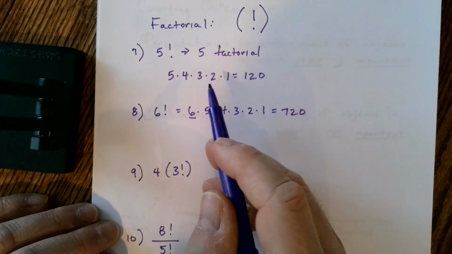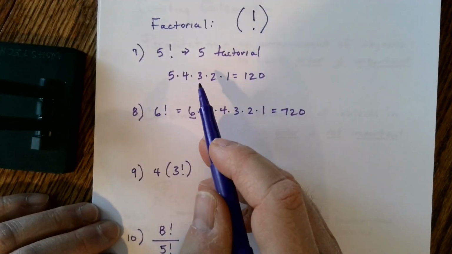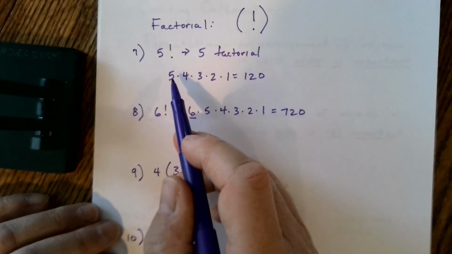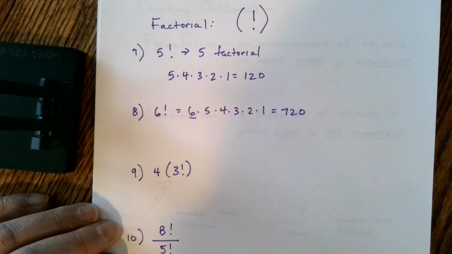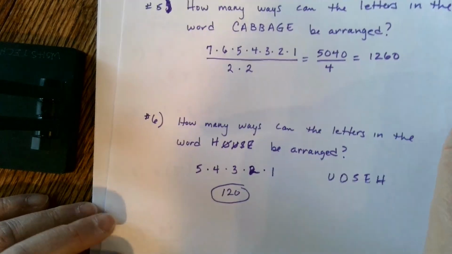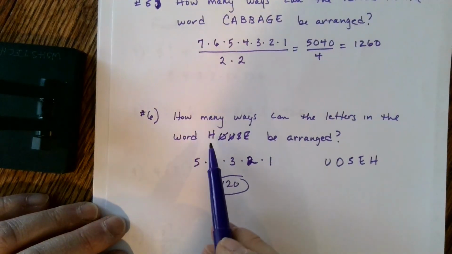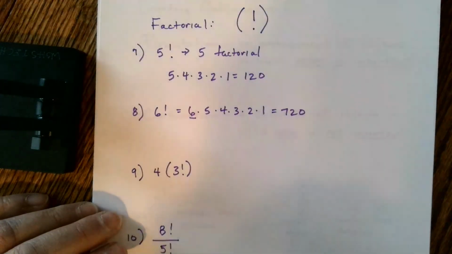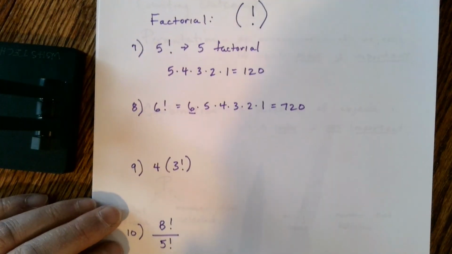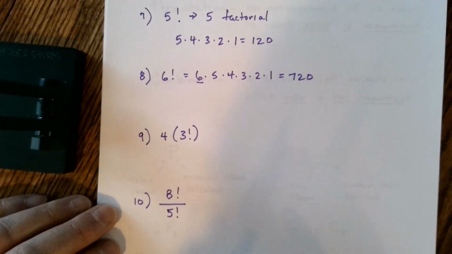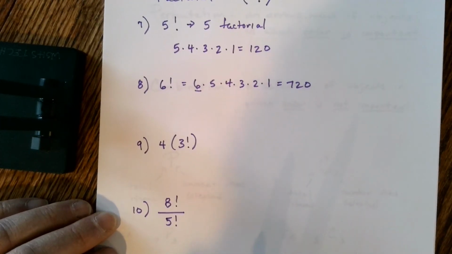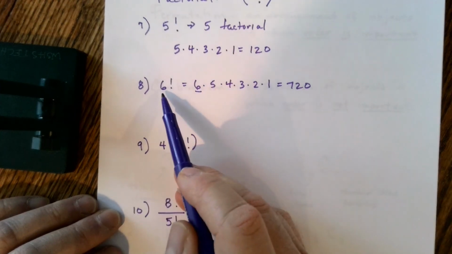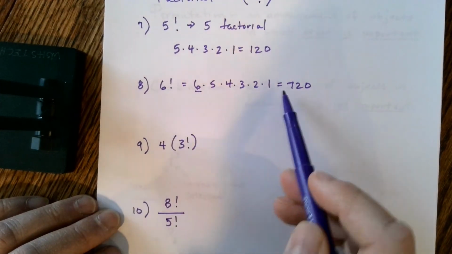If you are picking or choosing, arranging numbers or letters, then as you can see, this looks very similar to what just happened a few minutes ago with the letters in the word house. So we come up with a whole new way of multiplying based on something called a factorial. And again, that means to do what? To start with whatever number we have and multiply in descending order.